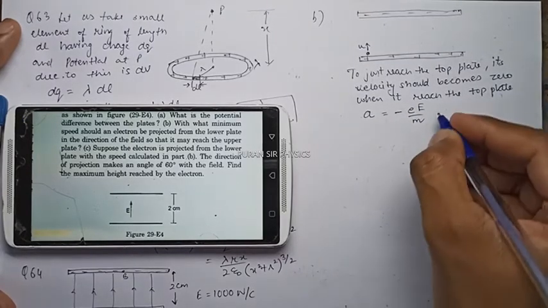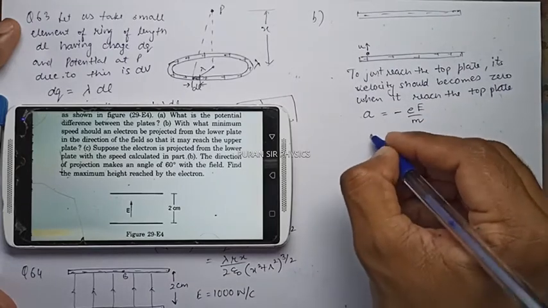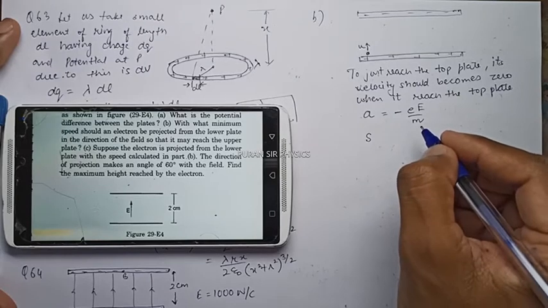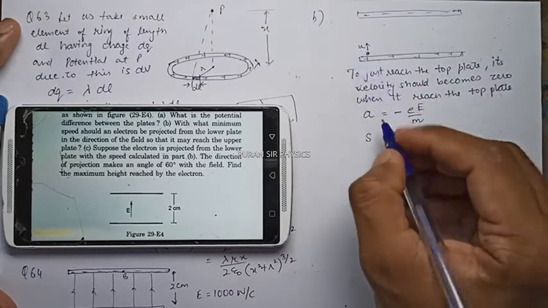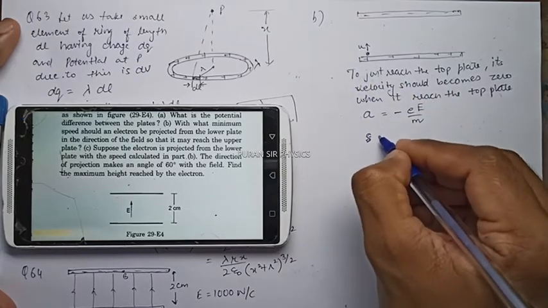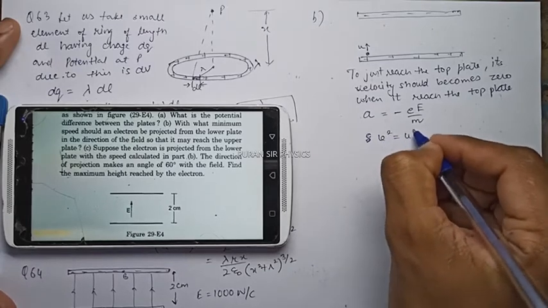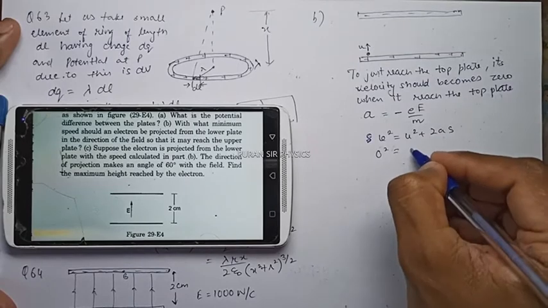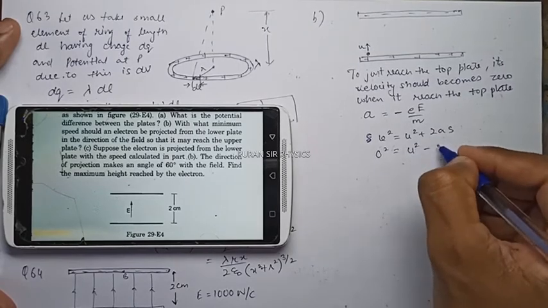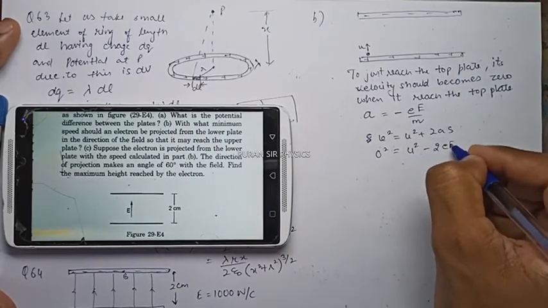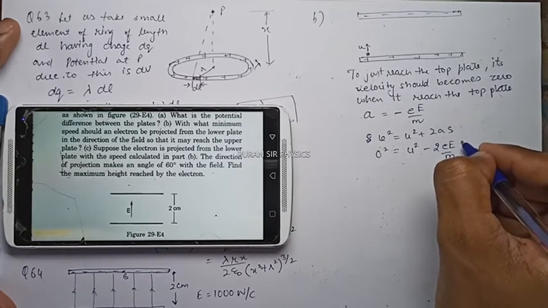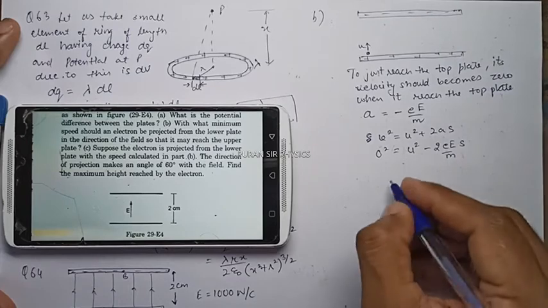Okay, so we have to find u, so we can apply v square equals u square plus 2as. Final velocity is 0, initial velocity we have to find, so it will be minus 2 capital E by m into your displacement s, that is the 2 centimeter.